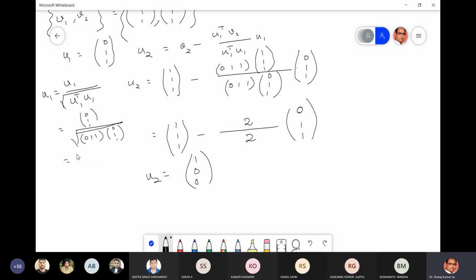This becomes 1 by root 2, so this is your u1.